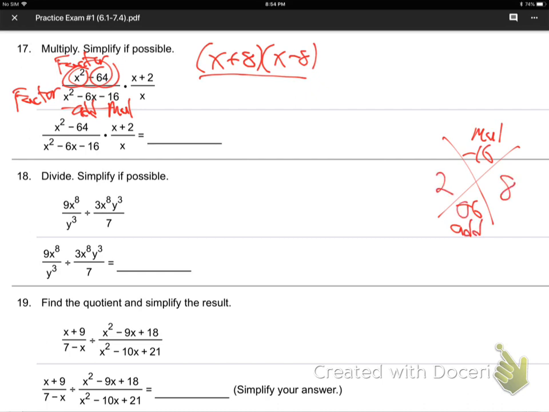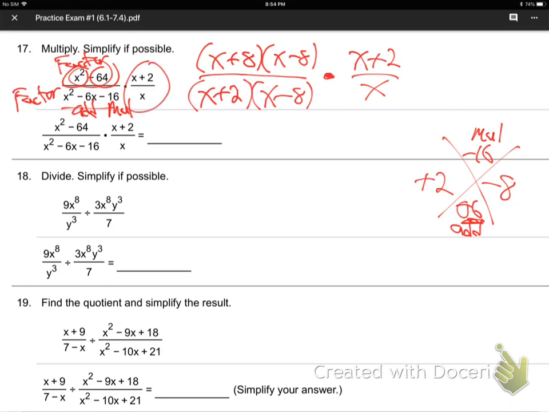The sign on the bottom goes in the bigger. Plus 2, minus 8 adds to be negative 6 and multiplies to be negative 16. So x plus 2, x minus 8, times, and then the x plus 2 over x. These guys are still over there to the right. Now, we're free to cancel anything that matches. You can cross cancel like that and straight up and down cancel. So what are we left with?